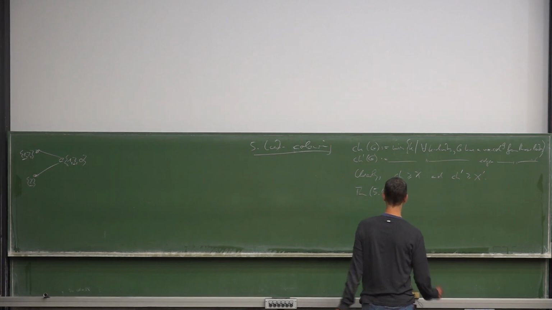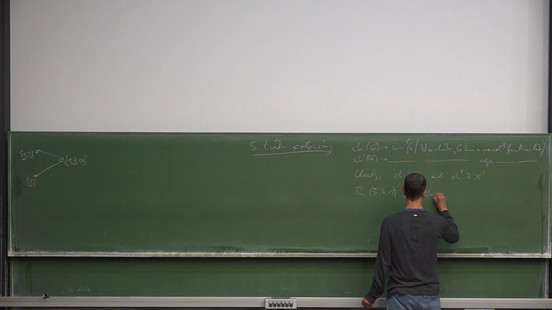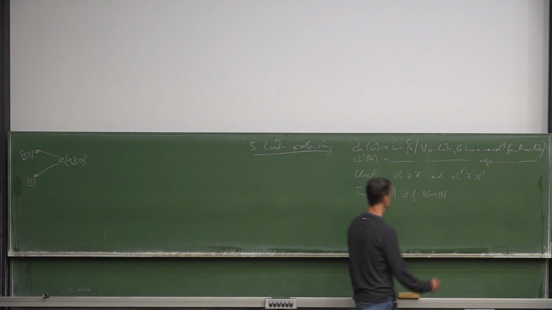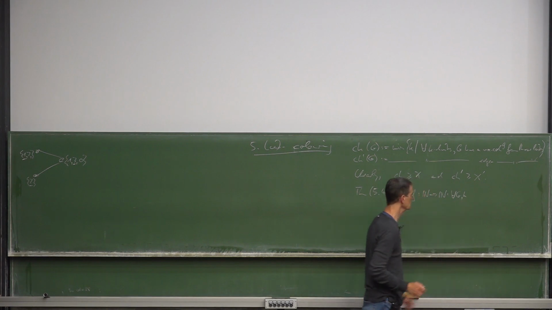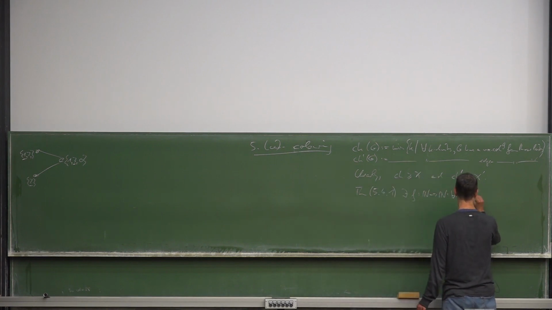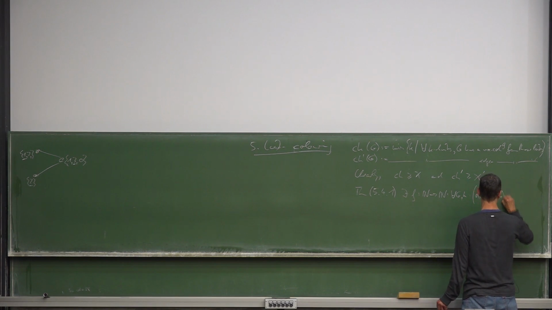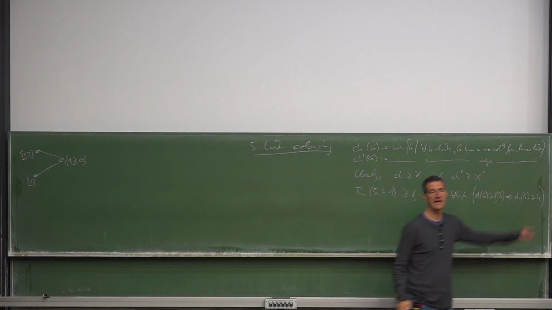Right, so formal statement: there exists a function f from the positive integers to the positive integers such that for all graphs G and for all K, if the average degree of G is at least f of K, then the choice number of G is at least K. So you can wish for any K that you like.